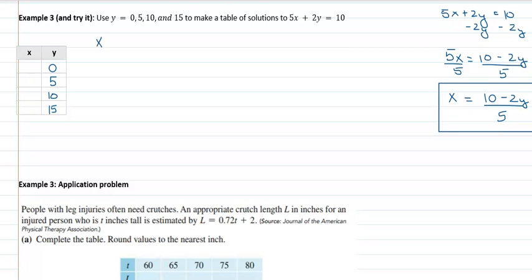So we've got x equals (10 minus 2 times 0) all over 5. Okay, so 10 minus 0 is just 10 over 5, and that gives us 2. So this first one is 2.